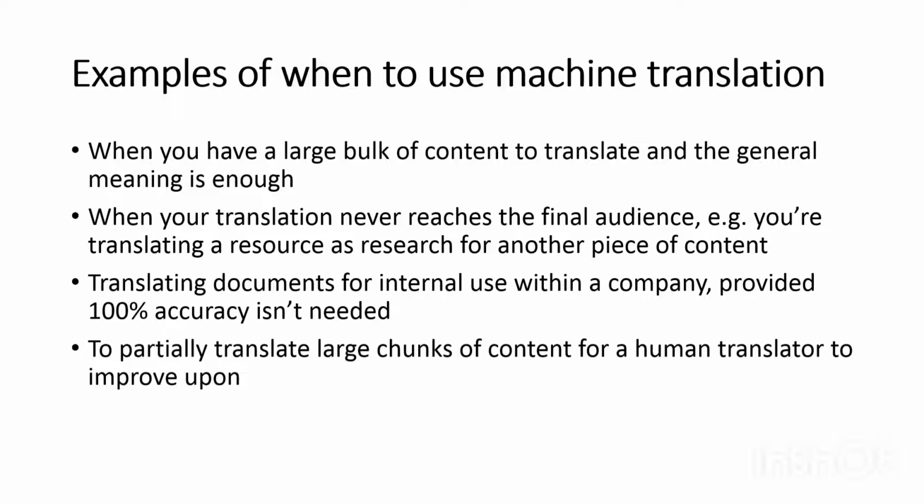That would be it. So when you need a general meaning, general idea, or gist, okay, when your translation never reaches the final audience, you are translating as research for another piece of content. Let's say I'm writing an article. For my article, I need some data. The data is available in, let's say, Spanish. I don't speak Spanish. What I can do is take the whole document. There is bulk translation.